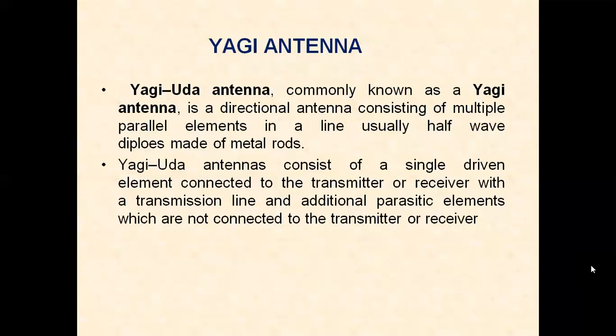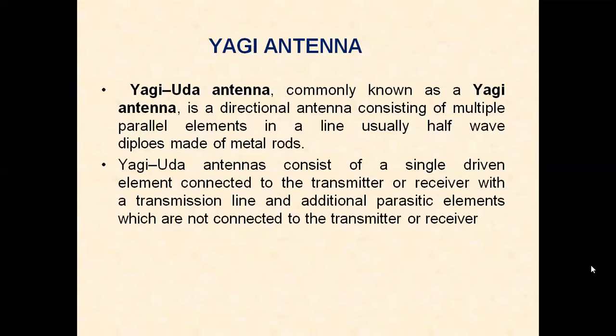The driven element is a half-wave dipole or a folded dipole. The reflector is slightly longer than the driven element, and the director is slightly shorter than the driven element. The spacing between elements varies, but typically we can take it as lambda by 10. The other parasitic elements are used to increase the radiation in the favored direction.